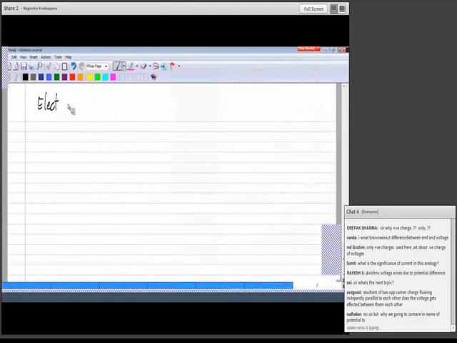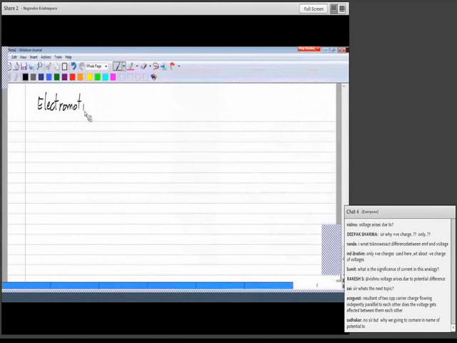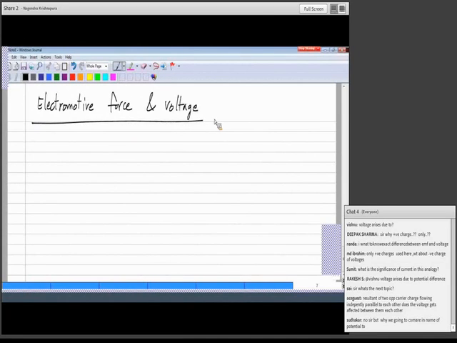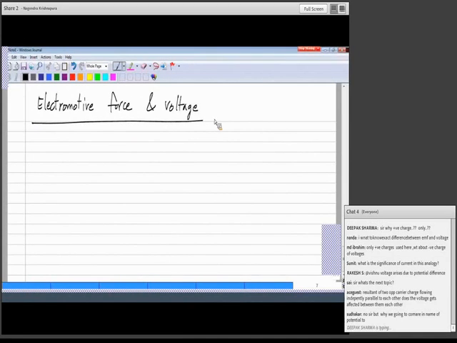One was related to electromotive force and voltage. These are basically different terms for the same thing. Electromotive force is a somewhat old term, and we use the term voltage now. And somebody asked what happens if the field is in the opposite direction or if the charge is negative.